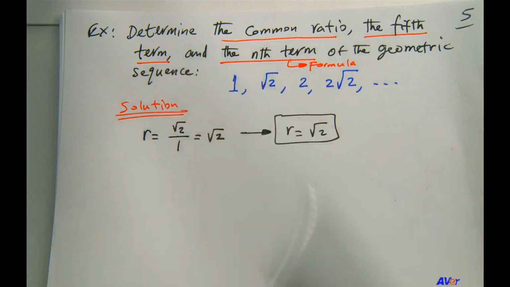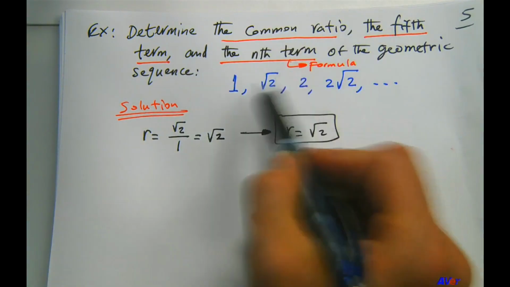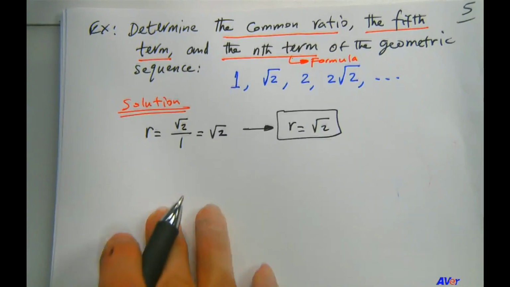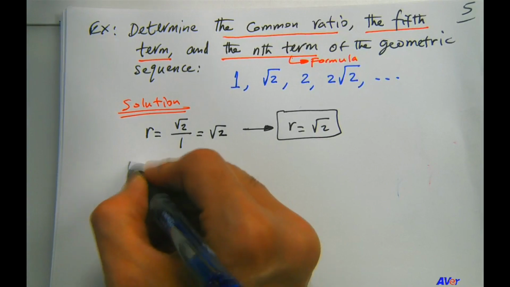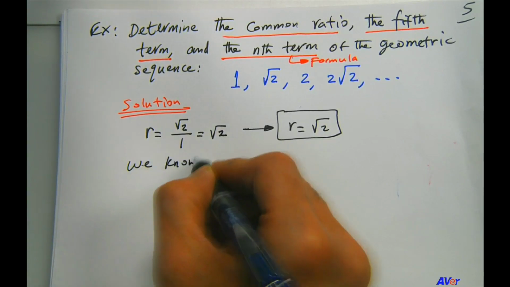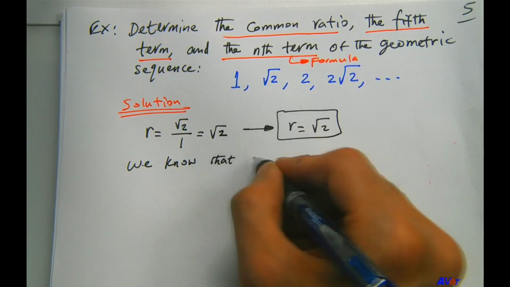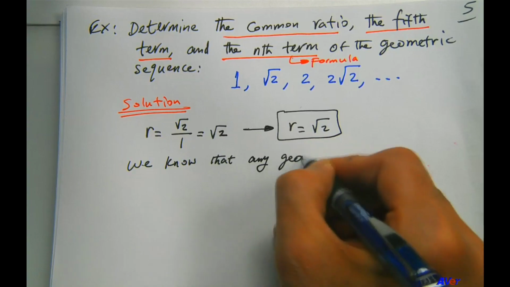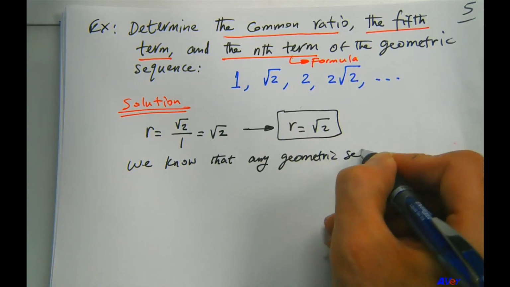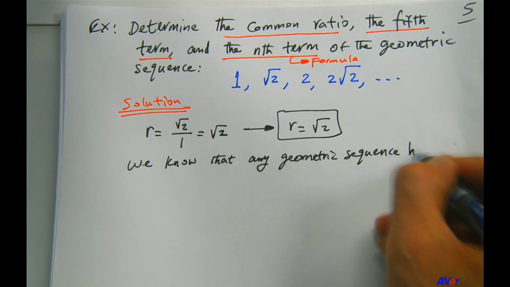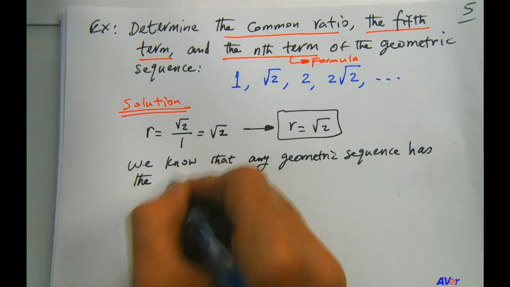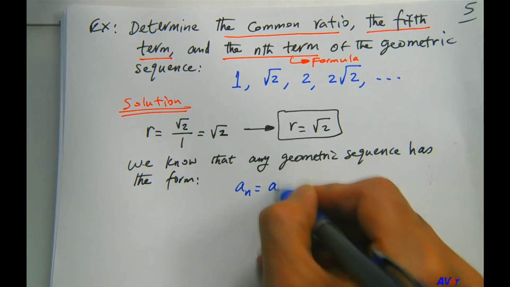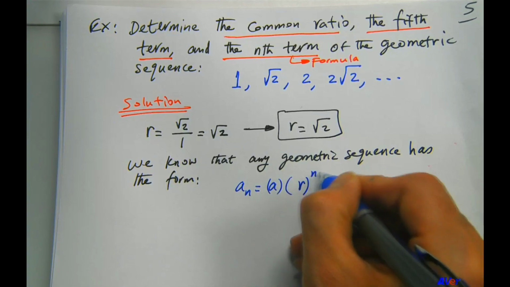Then the fifth term. Okay, so we have 1, 2, 3, 4 terms here. Let me remind you that any geometric sequence has this form, a_n equals a times r to the n minus 1, right?